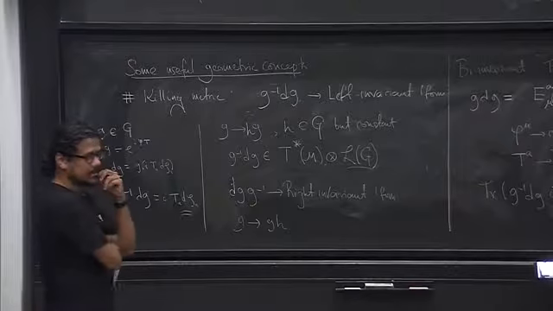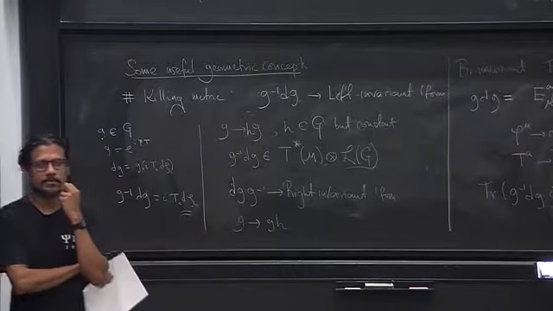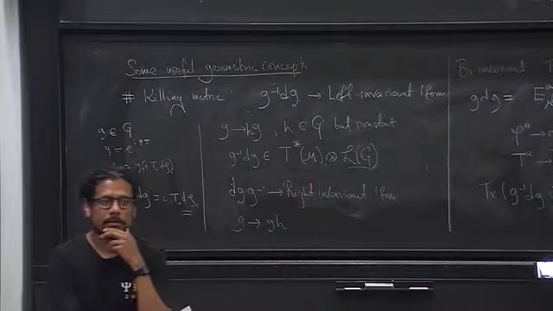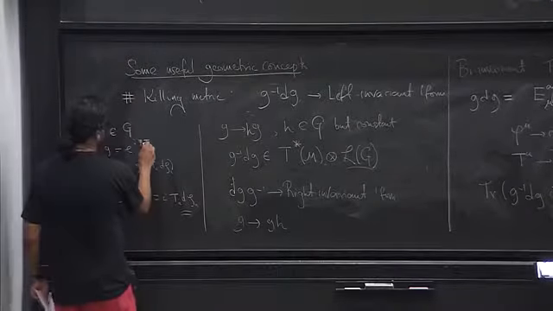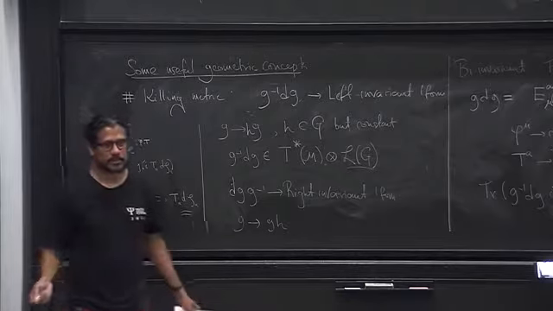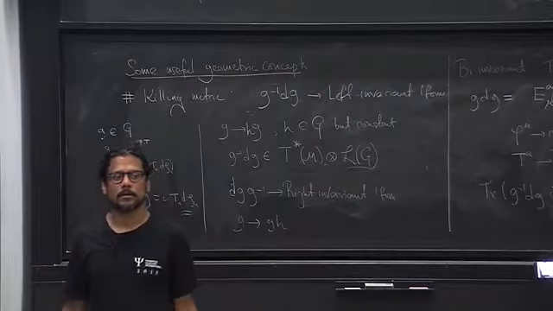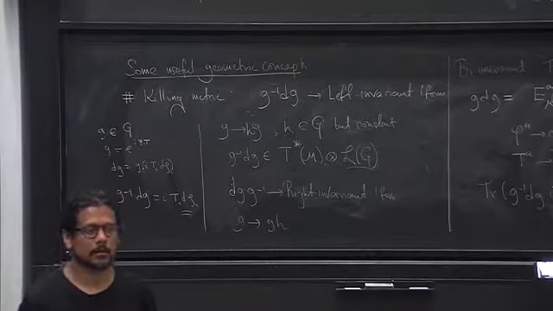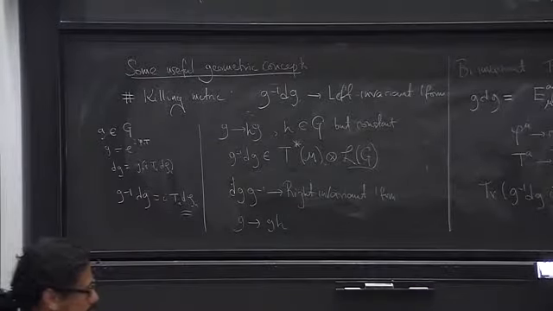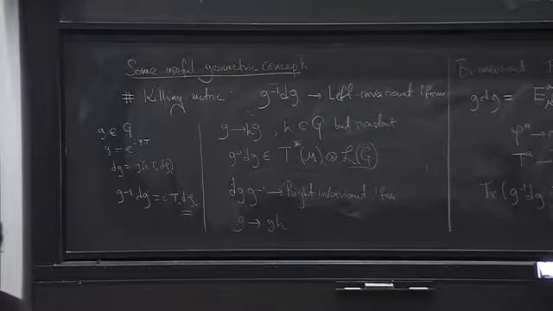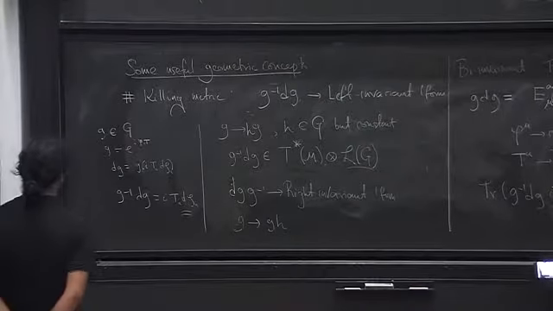What is G? Sorry? What is G? G is an element of your group. It's a finite element. Maybe it's group valued, but it has to be a field over something for it to take that. What do you mean field over something?